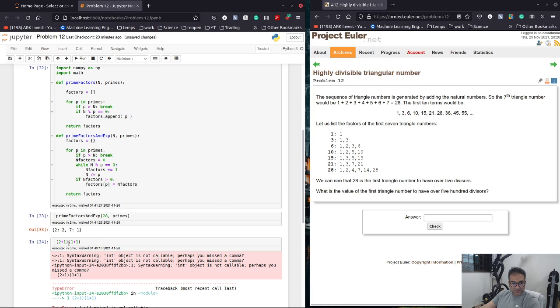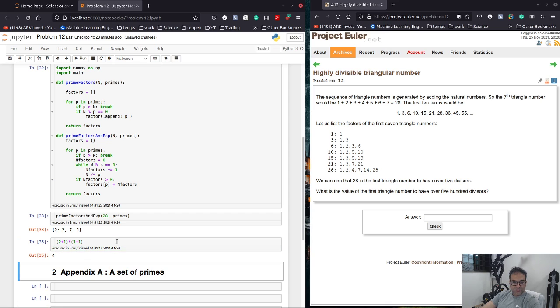Oh, down. Into 6. I think that equals the number of factors. I think this should equal the number of factors.